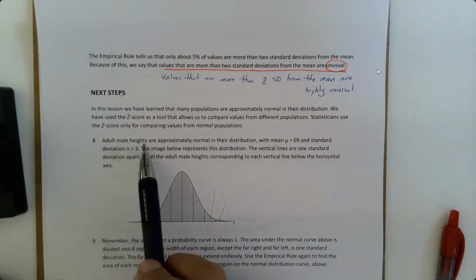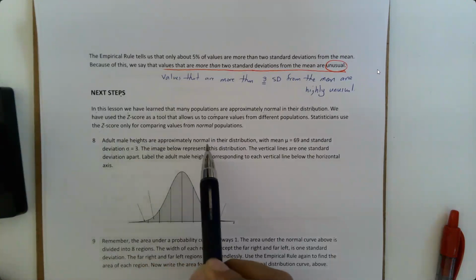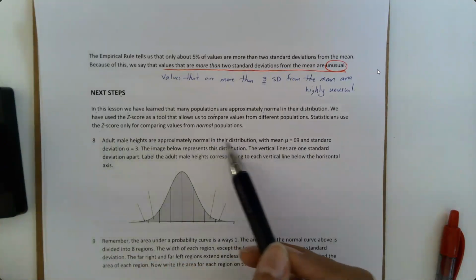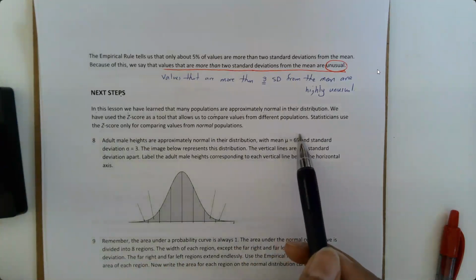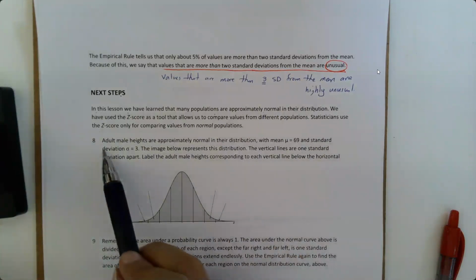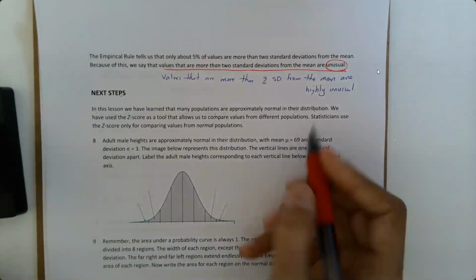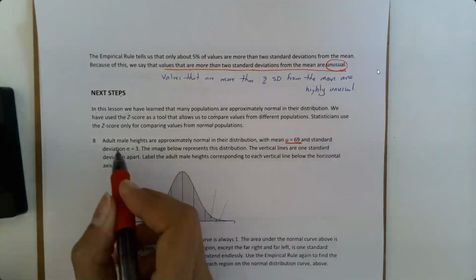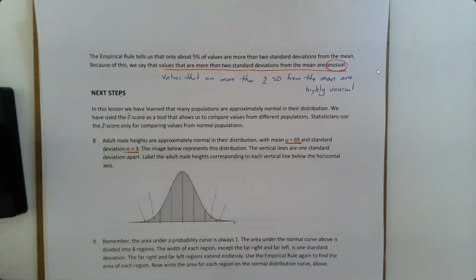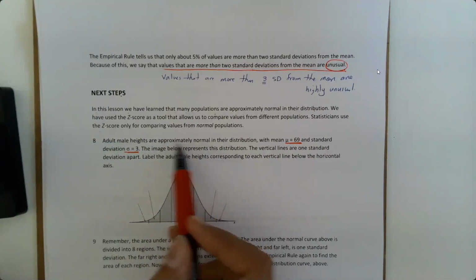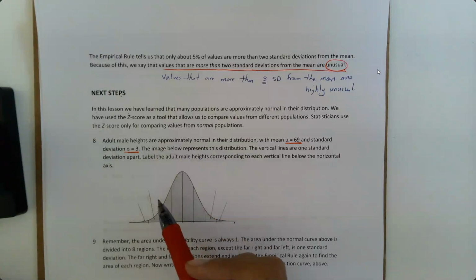Adult male heights are approximately normal in their distribution. They calculated the mean, it is 69, and the standard deviation is also calculated to be 3. So let's highlight these two: 69 as the mean and standard deviation as 3. And we know that it's a normal distribution, approximately normal.